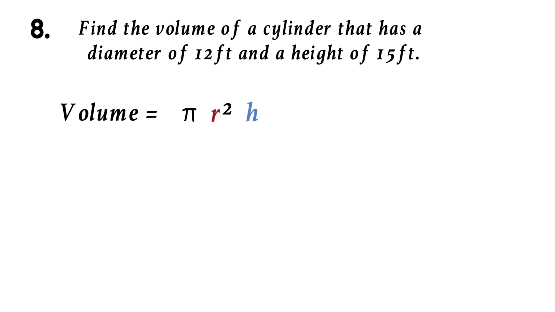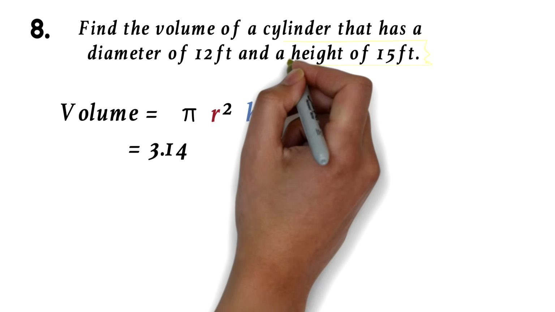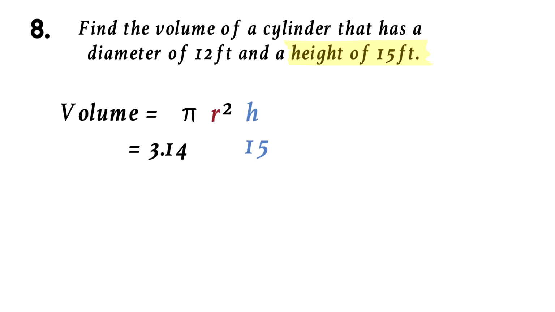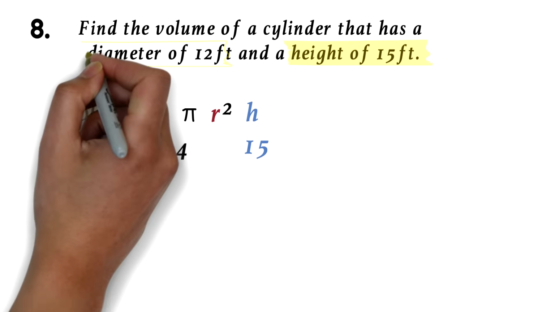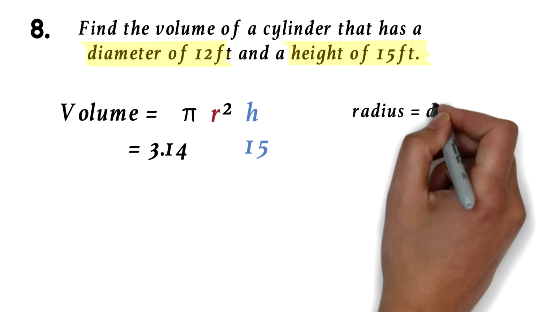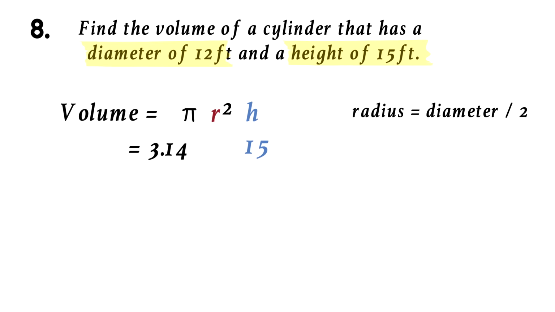To solve this question, we need to know the value of pi, which is given to us on the GED formula sheet as 3.14. We need to know the value of height, h, which has been given to us as 15. Then finally, we need to know the value of the radius, r, which has not been given to us. We were given the diameter, but we know that the radius is diameter divided by 2.